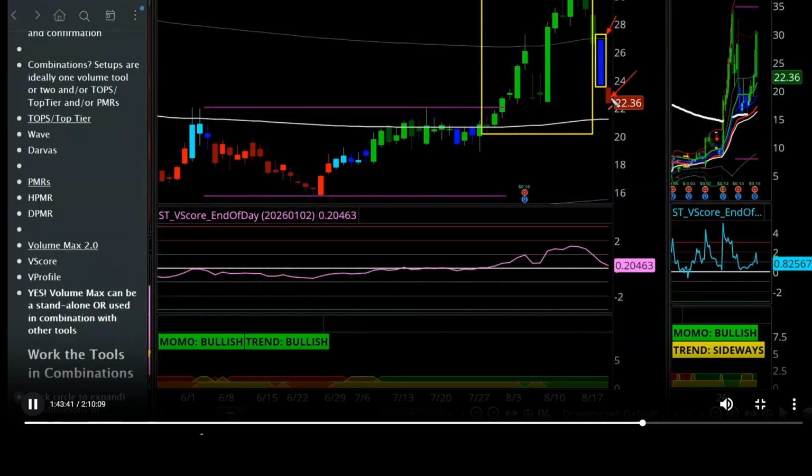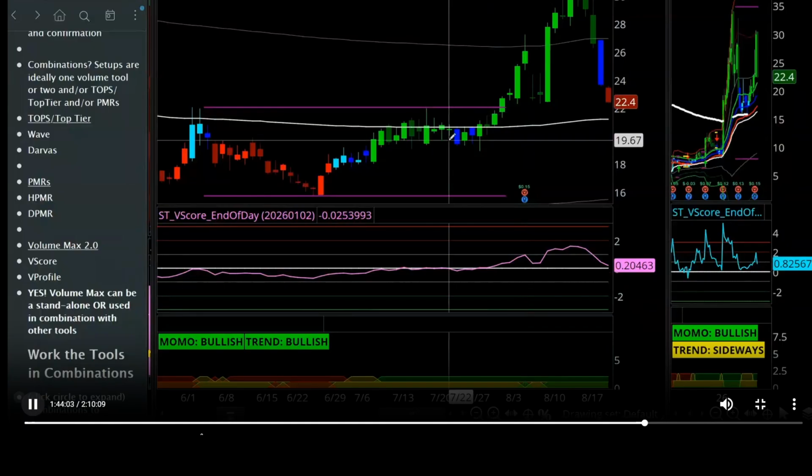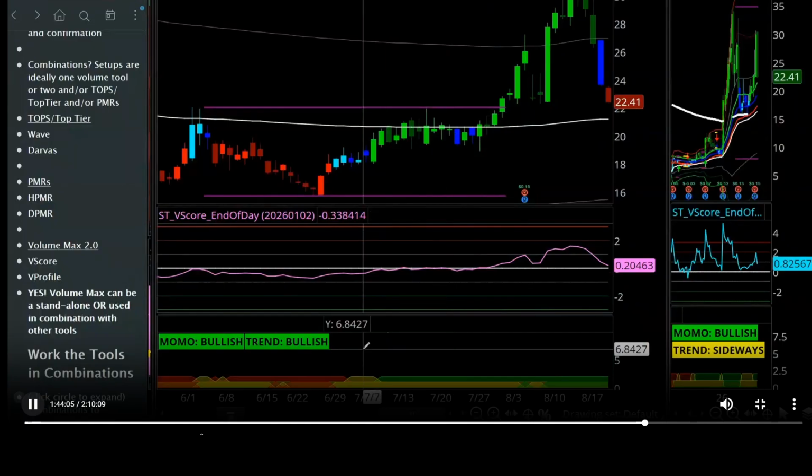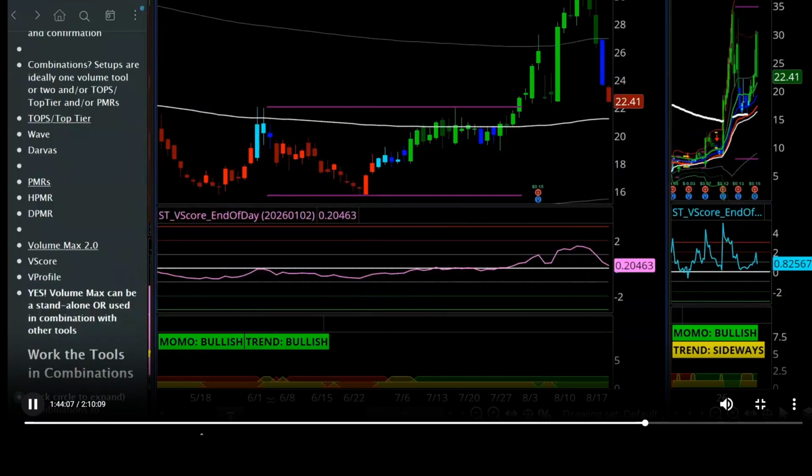Okay, and then the red, we continue to sink, right? Now, because I don't have the green candles, I would probably pass. But I would expect there to be some support, but I likely won't participate. The VScore itself is not going to be the only reason I get in, although it does work, I will say, but I would say I'd pass on FSLY.